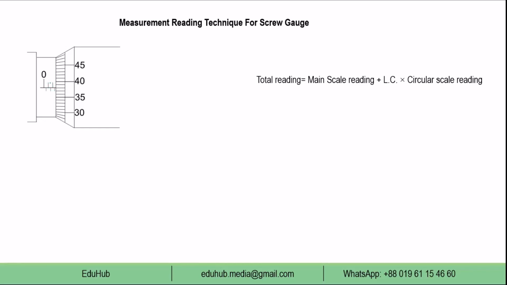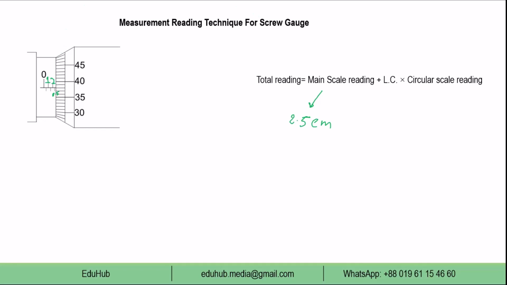Here, on the left side of the circular scale, we see two lines on the upside of the datum line. These two represent 1 centimeter, 2 centimeter, and this one is for 0.5. So the main scale reading is 2.5 centimeter.